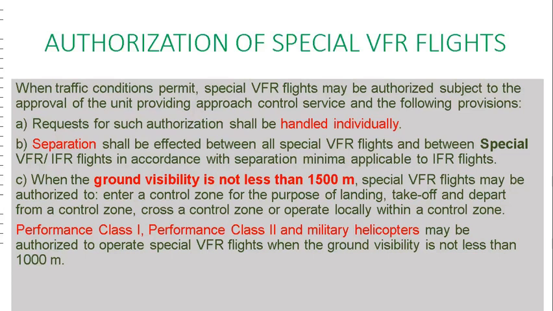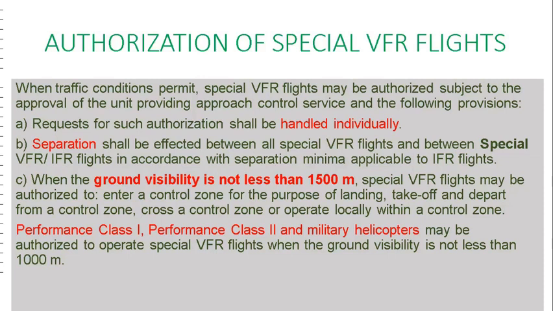After taking that approval, he can allow you. But requests for such authorization shall be handled individually. If there are 5, 6 VFR flights, it is not possible to approve all as special VFR. Why this? We will learn from the next point.